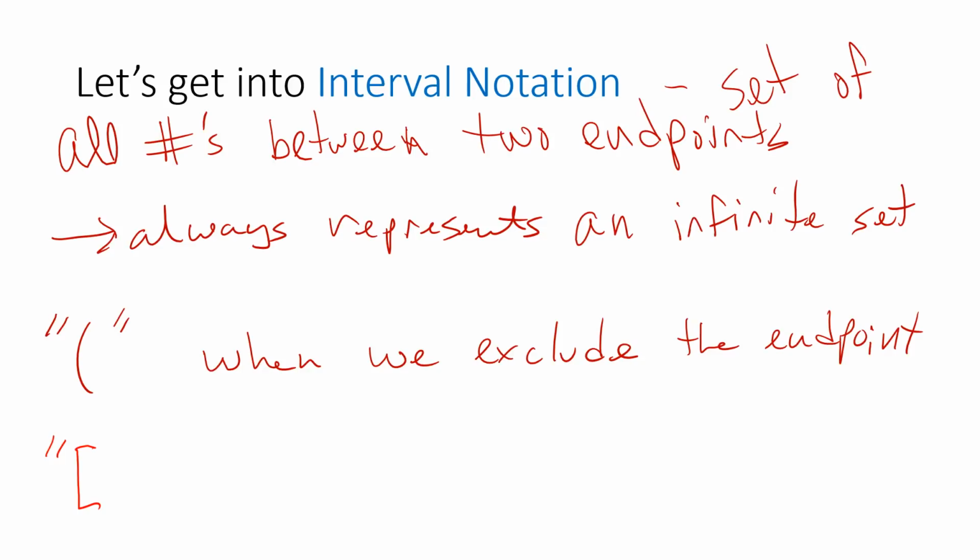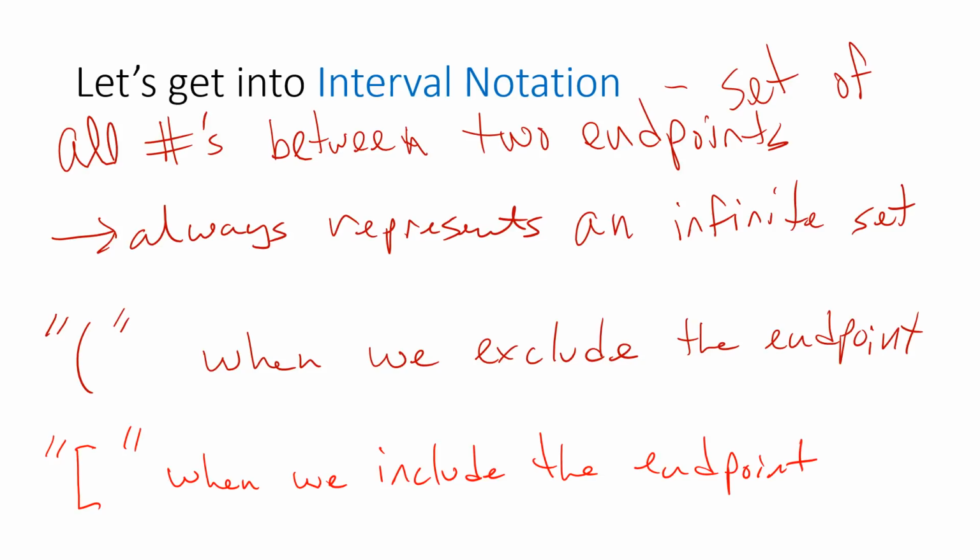And we use the square bracket symbol when we include the endpoint. And what I mean by that is when we include it within the set of all numbers between the two endpoints. So now we're going to practice a little bit with this notation.